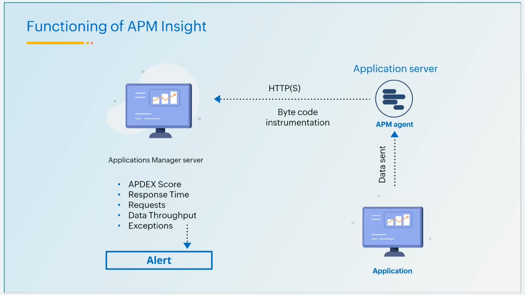The agent within the application server utilizes a method called bytecode instrumentation to track individual user transactions as they navigate through the application stack. It then sends this transaction data to the Applications Manager at a fixed time interval.